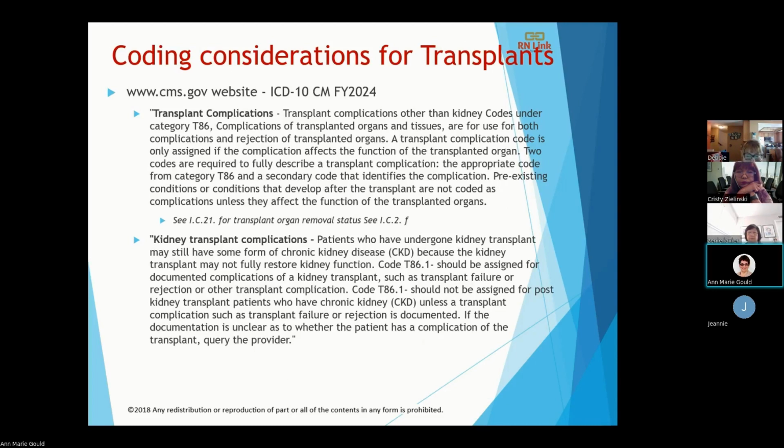Maybe the kidney transplant developed AKI. Code T86.1 should not be assigned for post-kidney transplant patients who have CKD unless a transplant complication such as failure or rejection is documented. So you always have to go back to your provider documentation, okay? If the documentation is unclear, what are we going to do? We're going to query the provider to clarify, is there a complication associated with that kidney transplant?